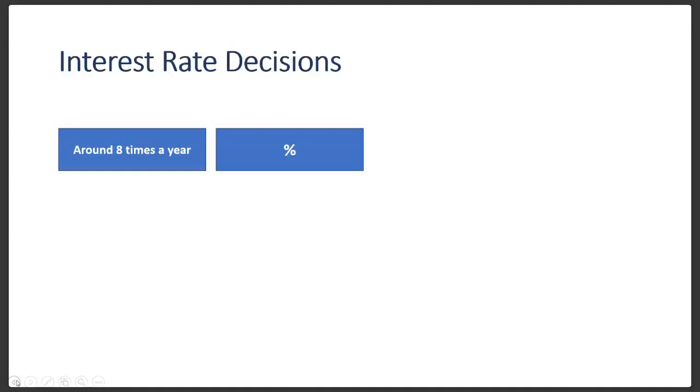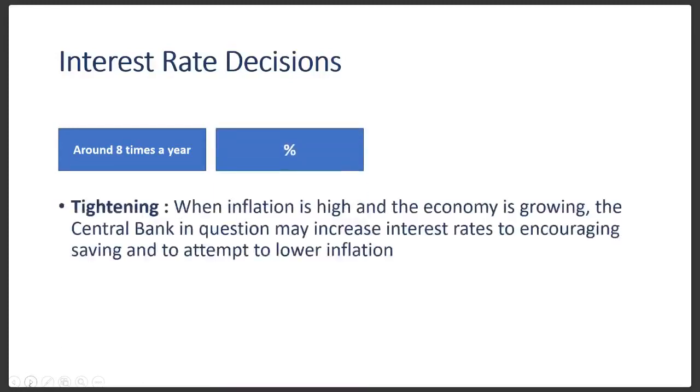Now, there are 2 terms you need to keep an eye on regarding what the central bank does. First of all, there's the saying tightening. Tightening is when inflation is high and the economy is growing.